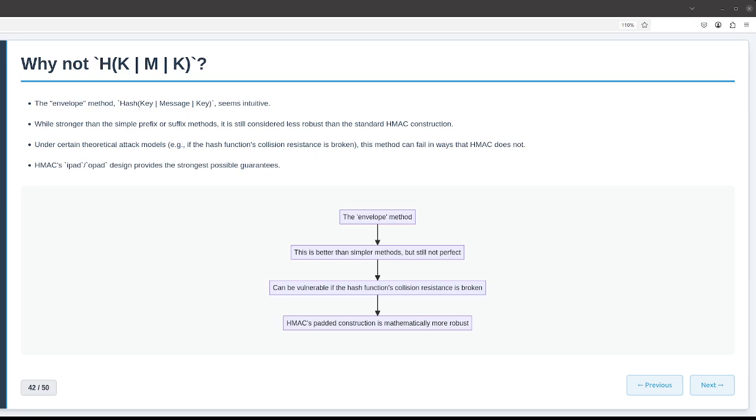Under certain theoretical conditions, if the underlying hash function's collision resistance is broken, this construction can become vulnerable in ways that HMAC is not. The specific use of the inner and outer pads, ipad and opad, in the HMAC standard was chosen because it provides the strongest possible security guarantees based on the weakest possible assumptions about the hash function.